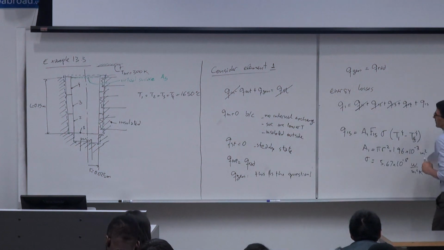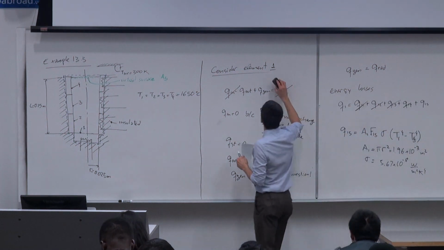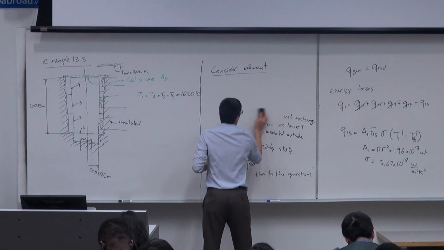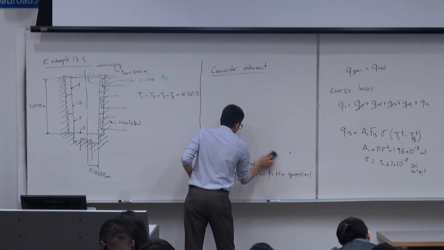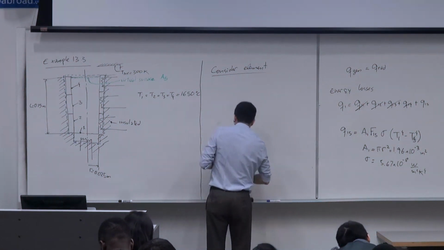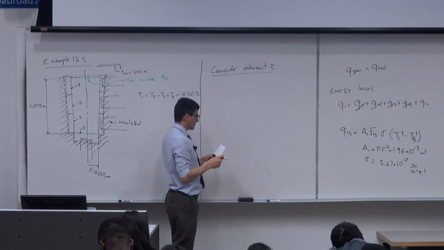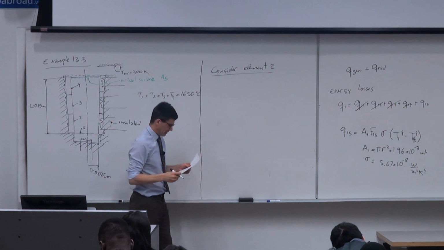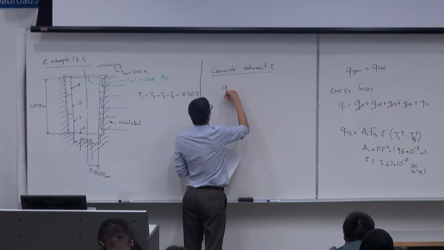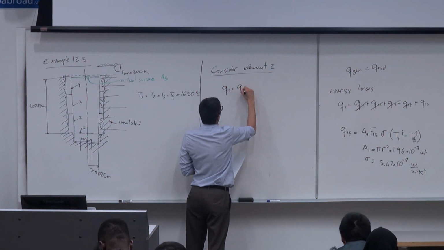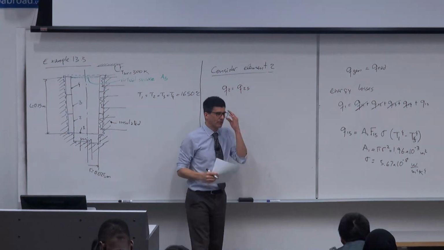Very briefly, I want to sketch for you how to do Q2. Very different. So that's an element 2 now. We would do the same energy balance. And so we know that Q2 would be Q25, right? Do we agree with that?